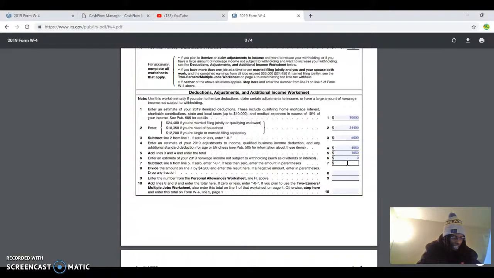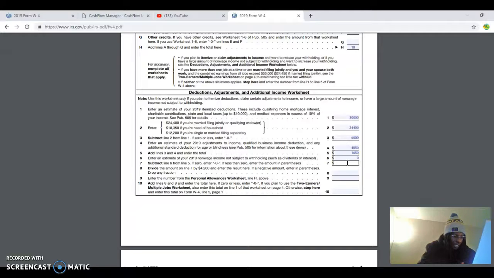Number 7 is divide the amount on line 7 by 4,200 and enter the results. If a negative amount, then enter the number in parentheses. Now I don't know how they got 4,200, but I'm sorry. Line 7 subtract line 6 from line 5.